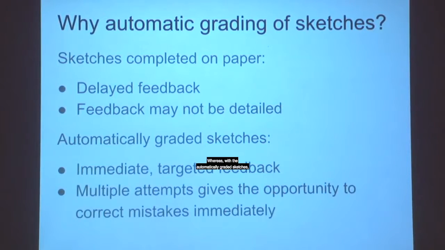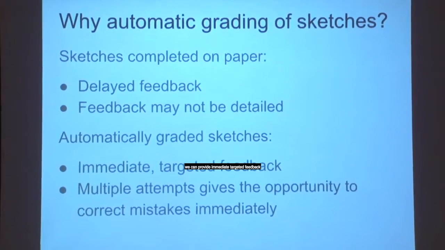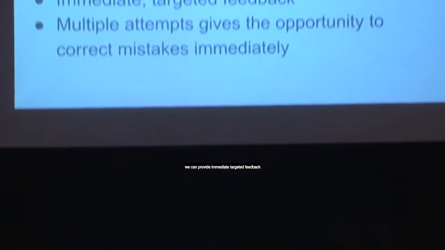Whereas with automatically graded sketches, we can provide immediate targeted feedback on where the sketch is going wrong, and we can give them multiple attempts so that they can correct their mistakes and get it right, which is ultimately what we want. We want them to figure out where their mistakes are and fix it right away.